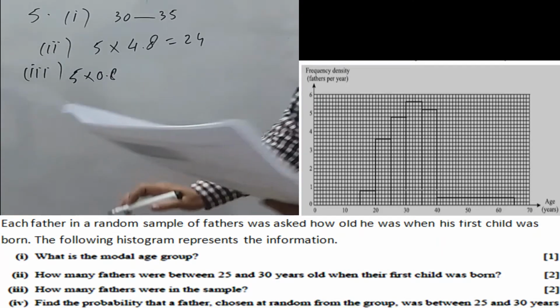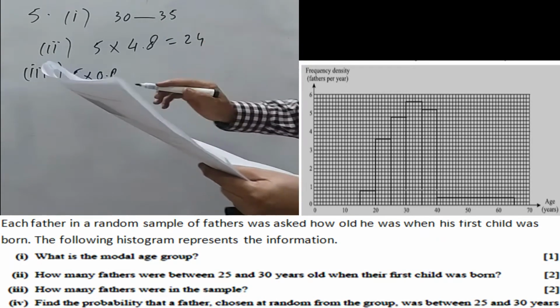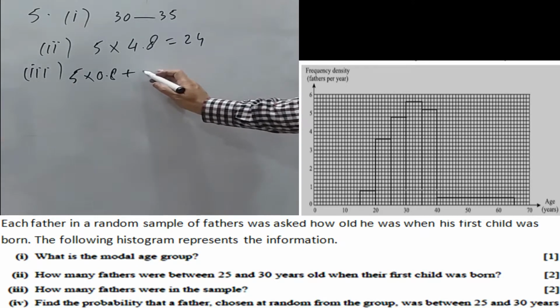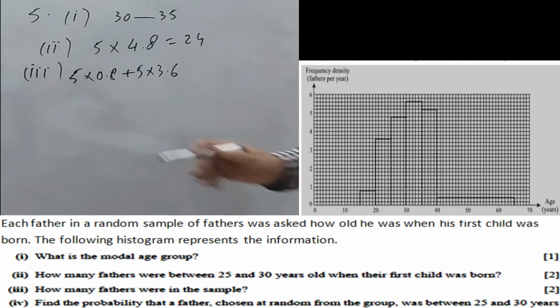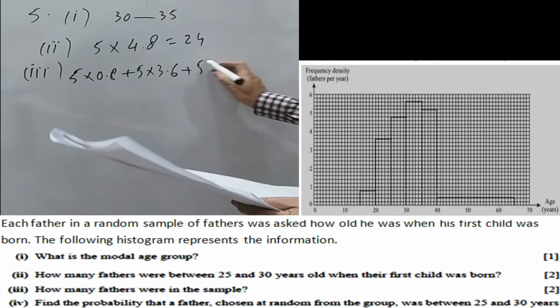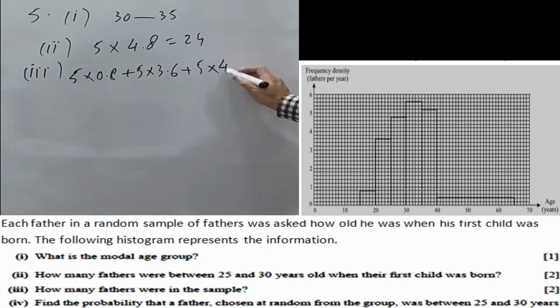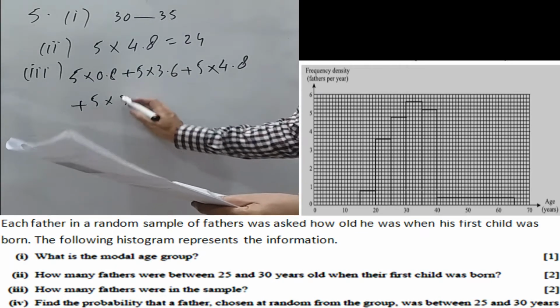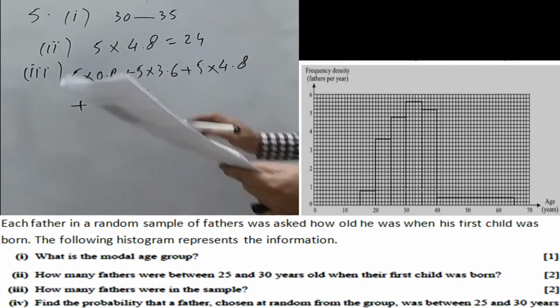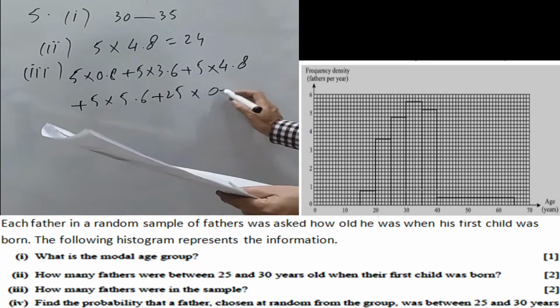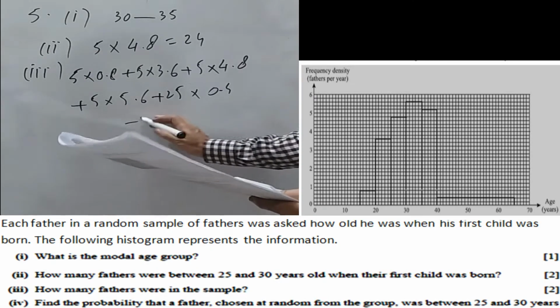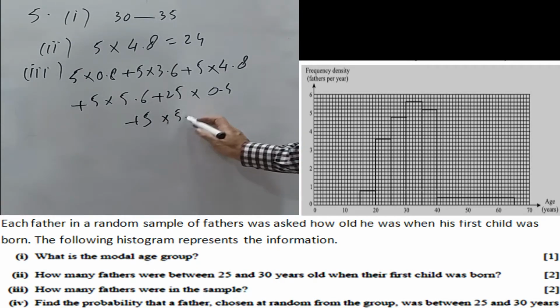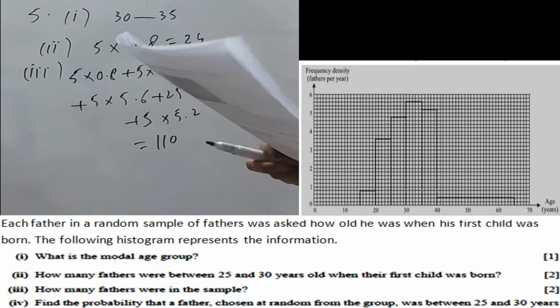So go on multiplying width with height: 5 multiplied by 3.6, then 5 multiplied by 4.8, then 5 multiplied by 5.6, then 5 multiplied by 0.4, and lastly 5 multiplied by 5.2. If you add all these, you will get 110. So there are 110 fathers in the survey.